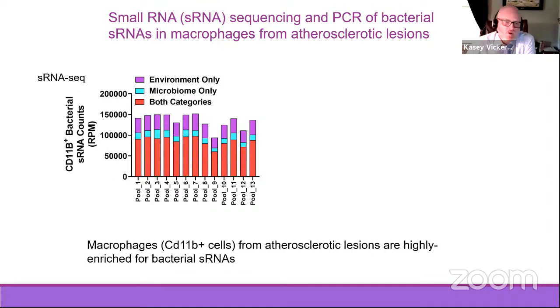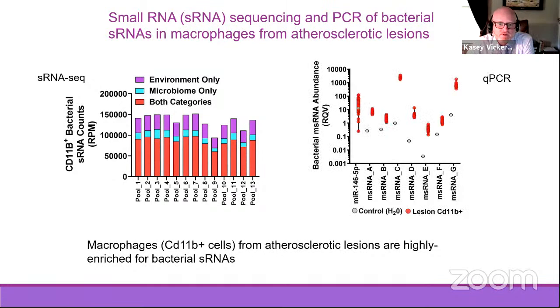This was sequencing where we couldn't really tell if the RNA was coming from the environment or from the microbiome, because a lot of these fragments come from ribosomal RNAs that have high conservation between species of bacteria that are present in both the environment and the microbiome. So we don't know exactly which is the donor bacterial species, but overall, the total level is quite high. This is 150,000 reads per million within the macrophages.